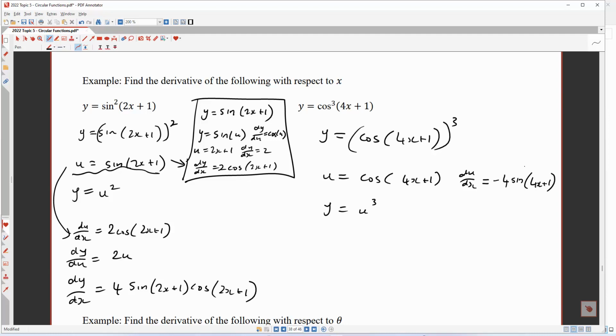And if you really want, just do this with the chain rule. So run the chain rule over here in your notes and you'll find that that's the answer there. Okay, dy du is equal to 3u squared.